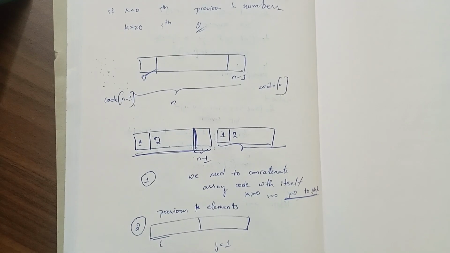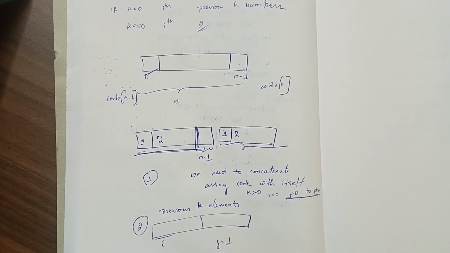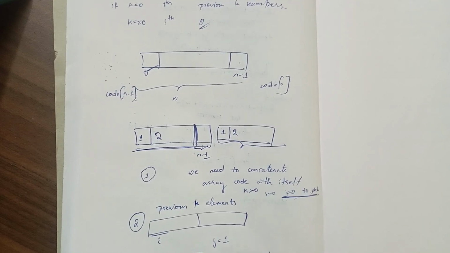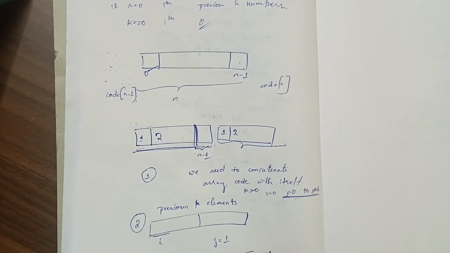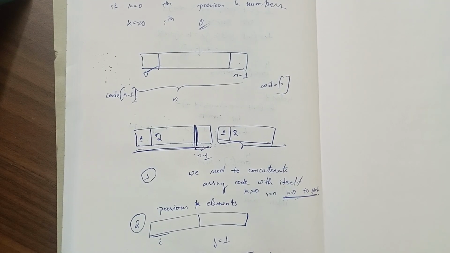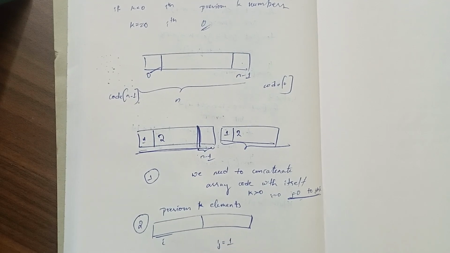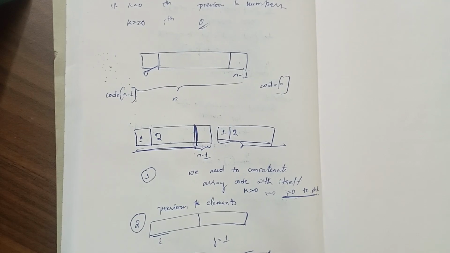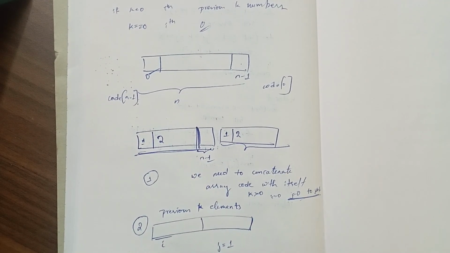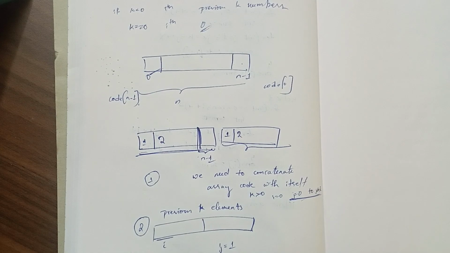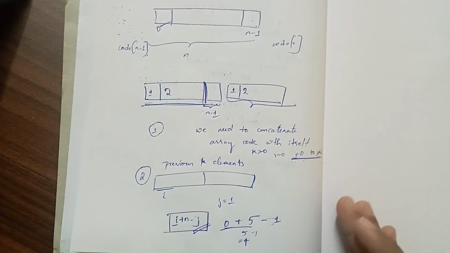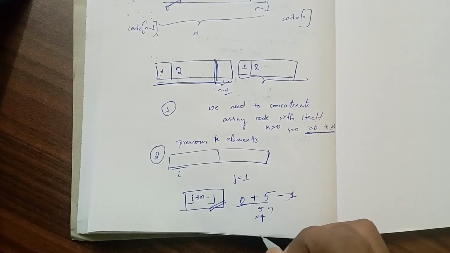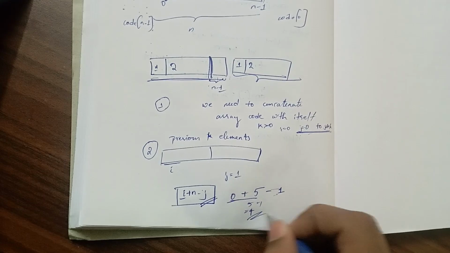If j is 1, n is 5 and i is 0, then 0 plus 5 minus 1 is equal to 4. The previous element will be at index 4.